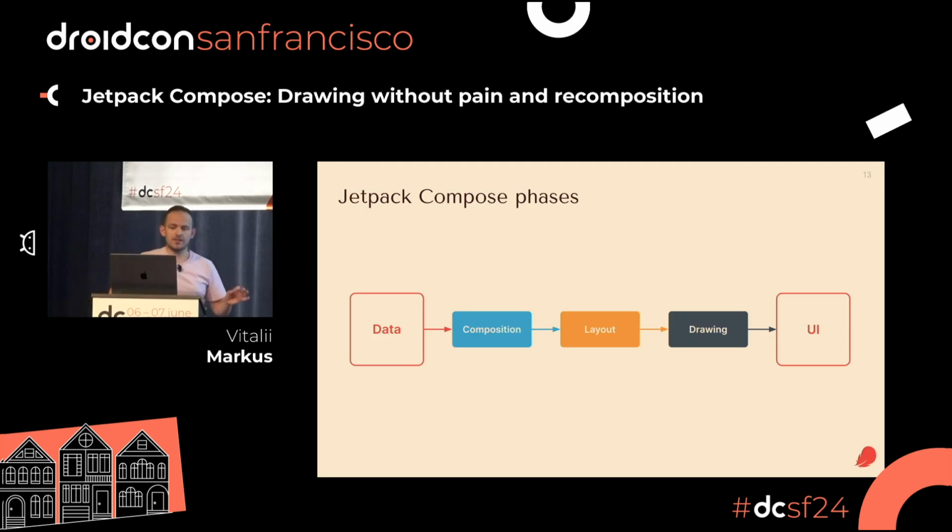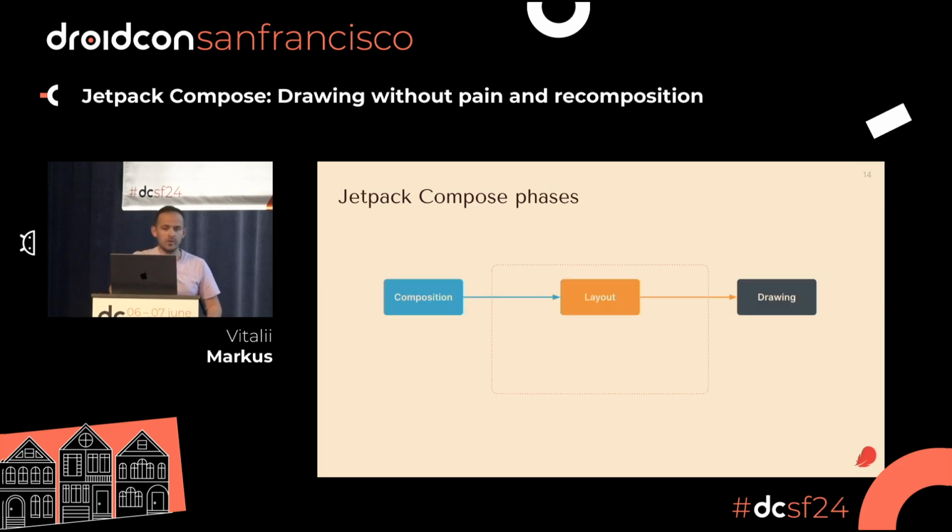During the composition phase, we determine what we want to display, in the layout phase where we want to display it, and in the drawing phase what we actually draw, or how we want to display it. And moreover, the layout phase itself consists of 2 sub-phases. It's measurement and placement. In the measurement phase, we calculate the size of our composable, and in the placement phase, we position them.